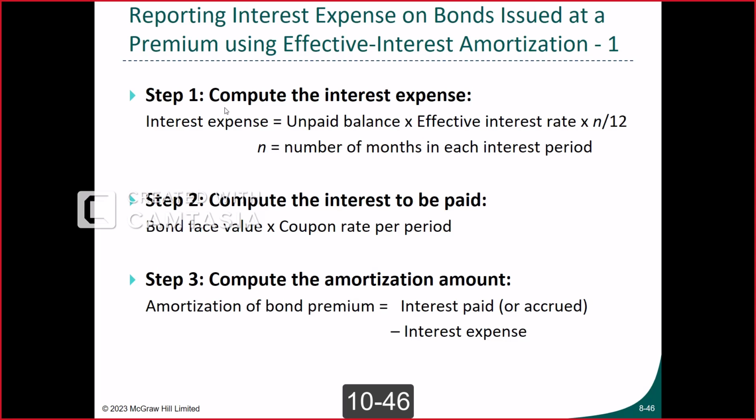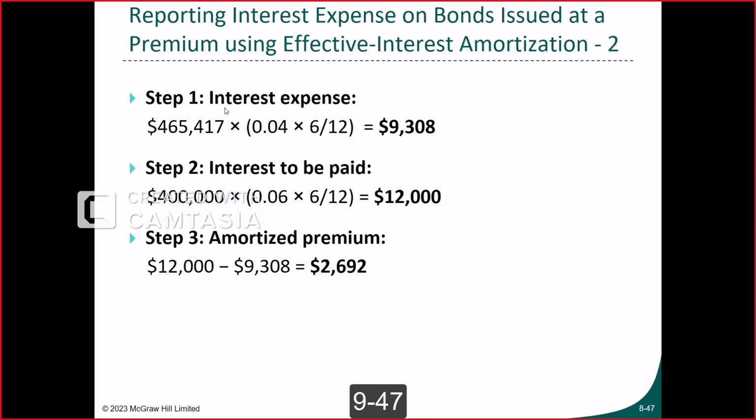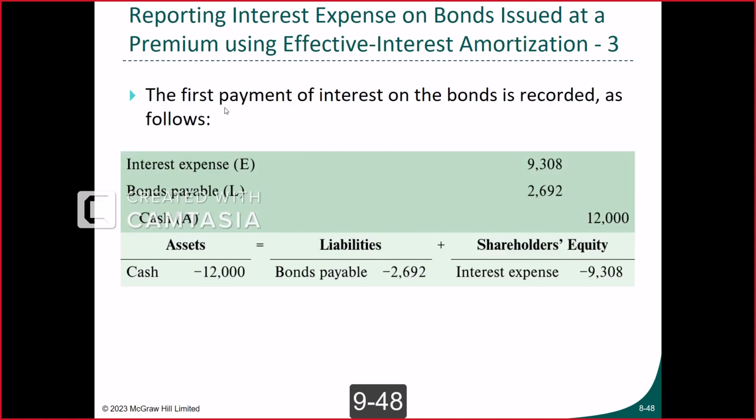Cash amount of interest minus interest expense, that is the amortization of the premium. So for the first payment, the first interest expense is the carrying value times the market rate, 9,308. The cash amount will never change, always $12,000, whether the issuance is done at par, at premium, or at discount, same thing. Amortized premium is the difference between the interest expense and the interest to be paid.